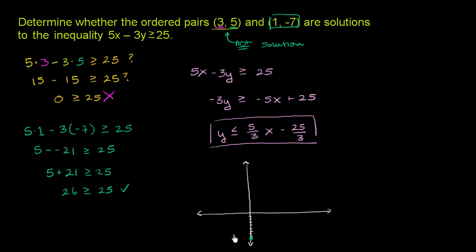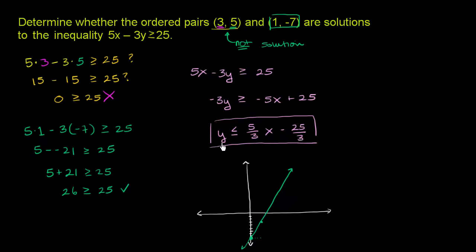So for every 3 it goes to the right, it rises 5. So the line is going to look something like this. That's if it was y is equal to 5/3 x minus 25/3.